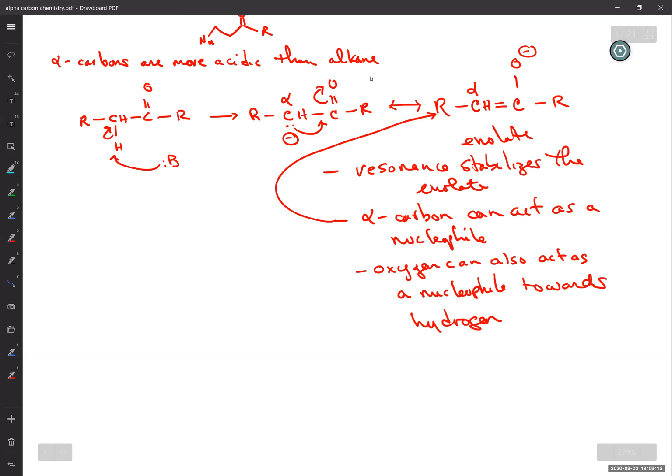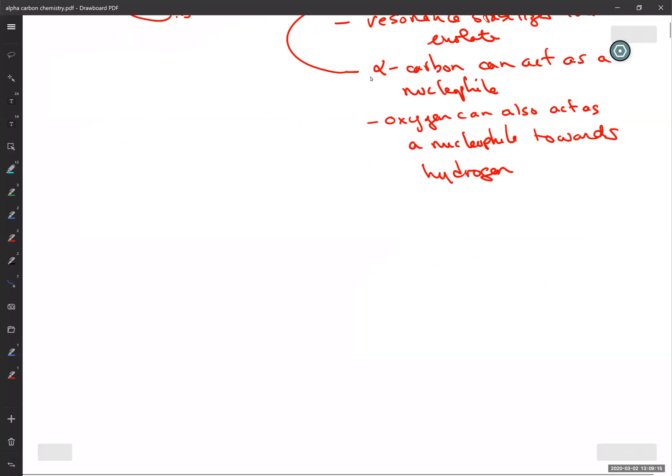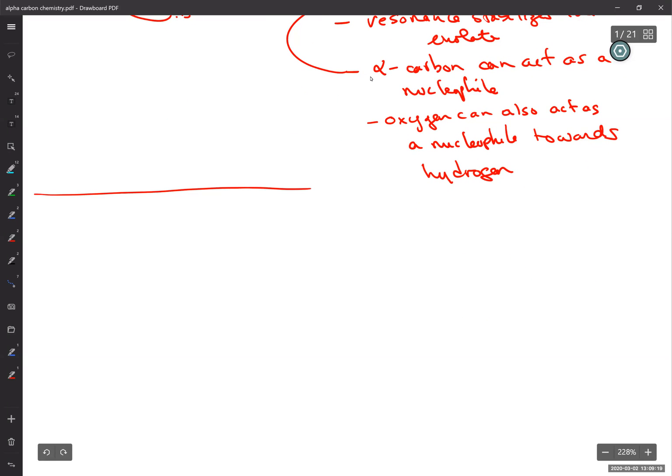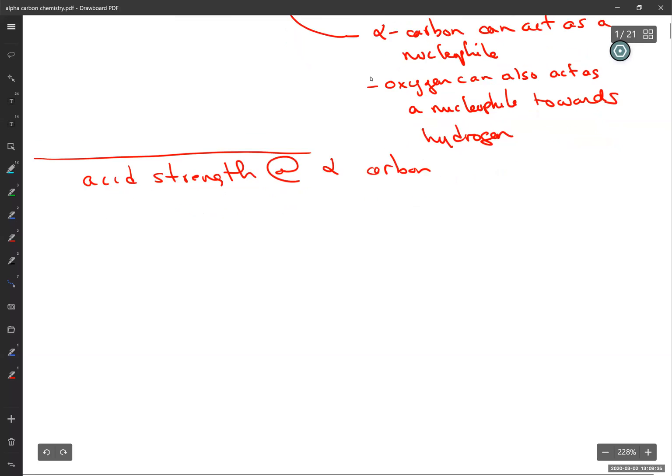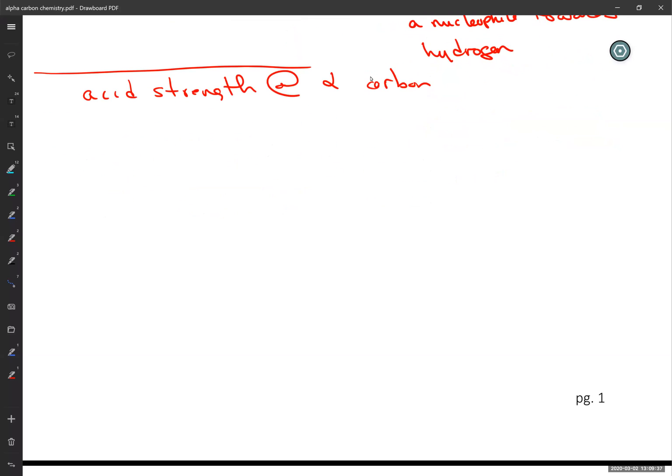So we're going to look at acid strength of the alpha carbon. So pKa's again. Just for comparison purposes, some pKa values.